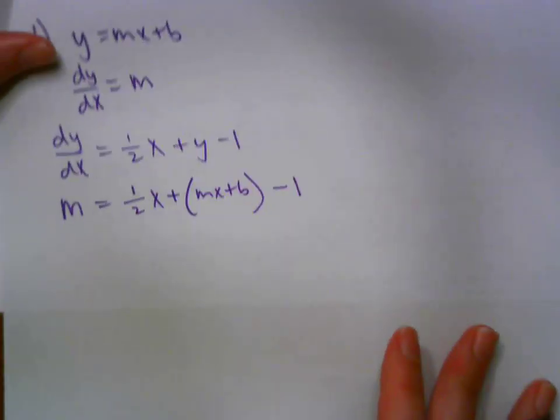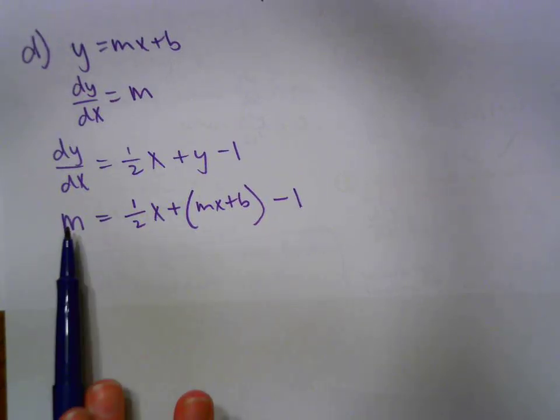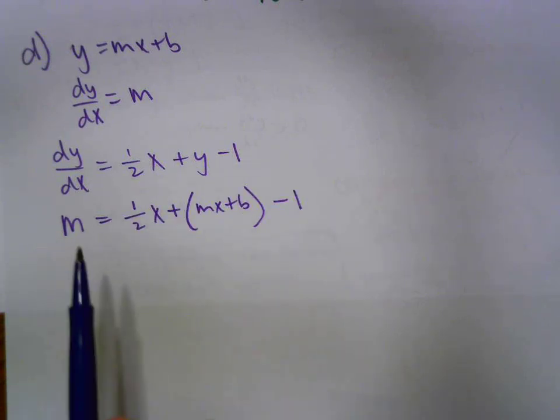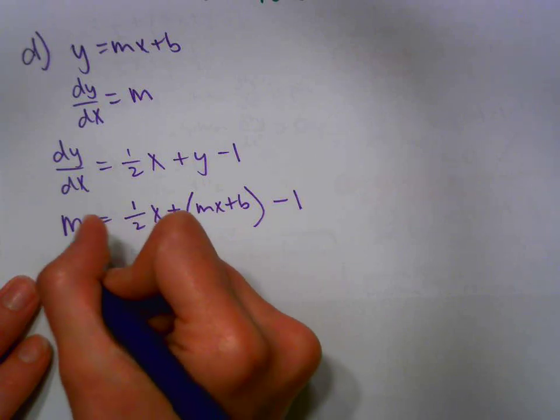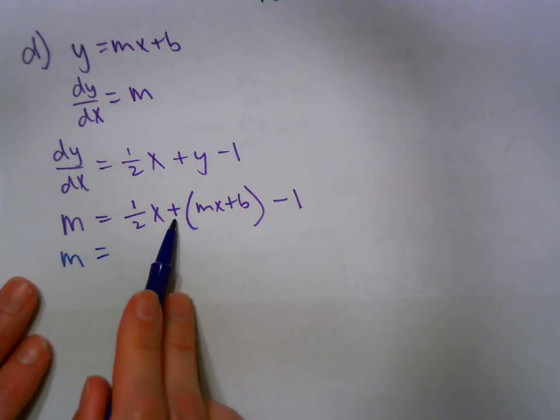Okay, so this is the part that gets kind of confusing to solve for this. This is the best way I've found to solve for it. There are probably different ways you could go about thinking about this, but we're trying to figure out what m and b need to be for this statement to be true. So first, do I really need these parentheses? No, because it's just plus.